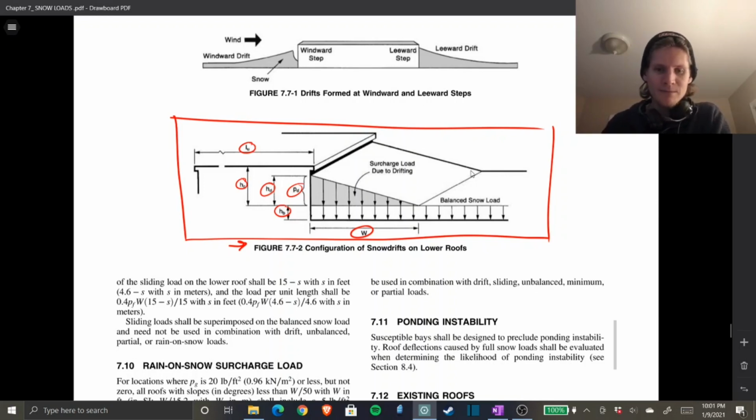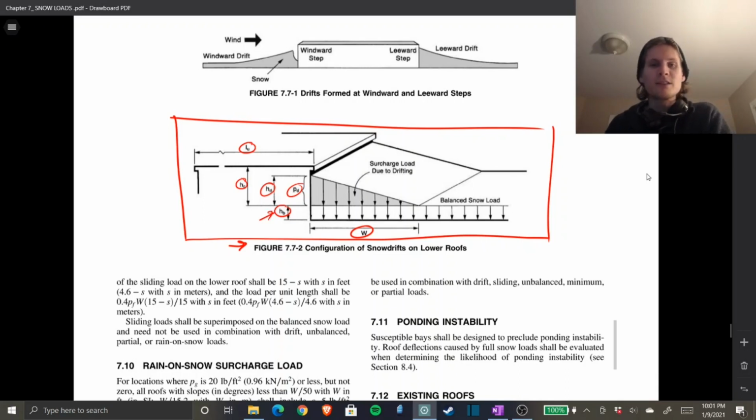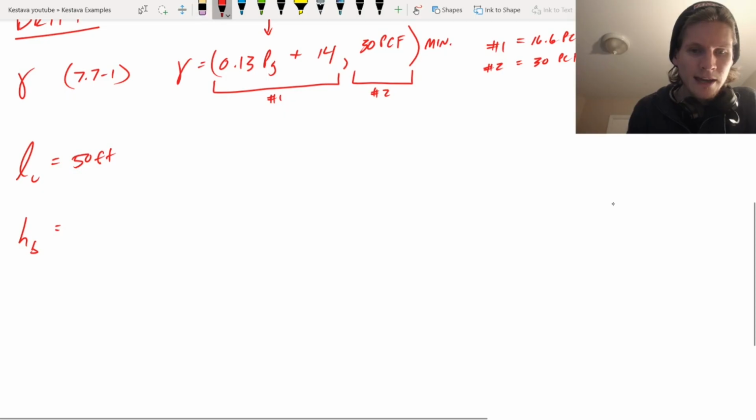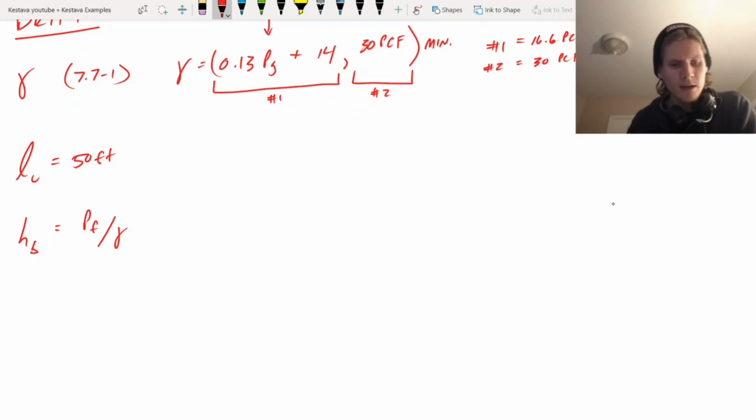Okay, jumping back. So first thing we're finding is this guy right here, H sub B. And like I said, it's the balanced snow load height. Okay, see it back there. And H sub B is just going to be equal to P sub F, so your flat roof snow load, divided by the density of the snow that we calculated earlier, just right up above.